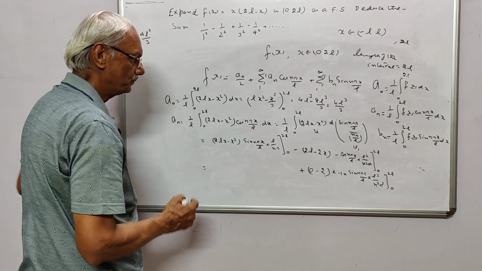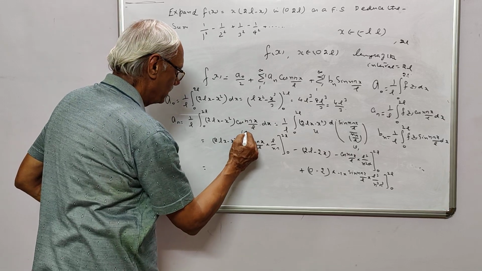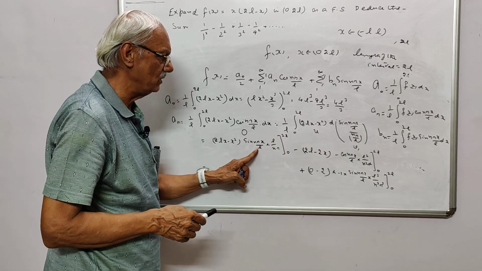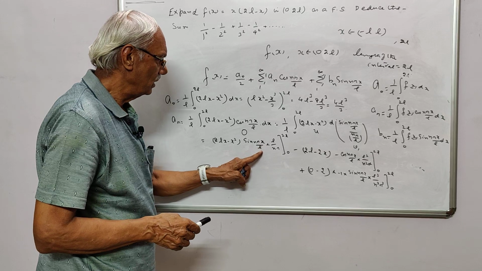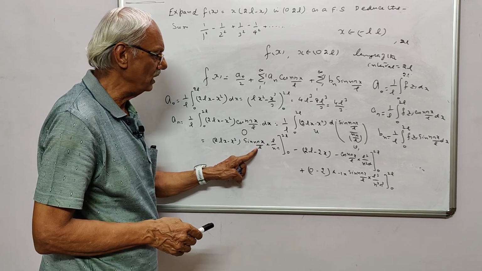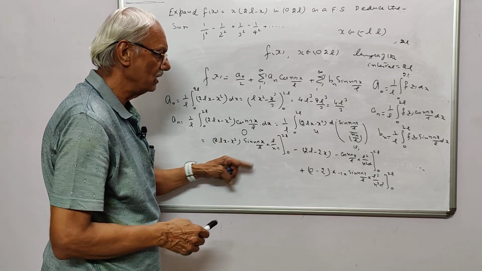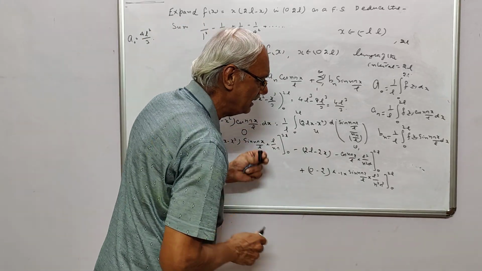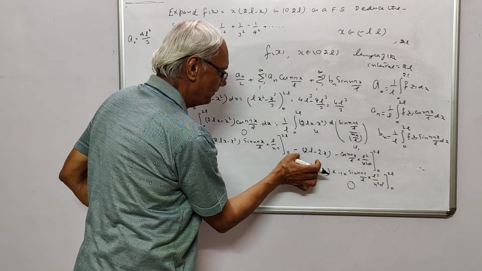Now you see that this part will become 0, because when I put 0, sin 0 is 0. When you put x equal to 2L, it will give sin 2nπ, but sin 2nπ is equal to 0 for any n. So this will become 0 and this will also become 0, because here again it is sine. So what is left here now?